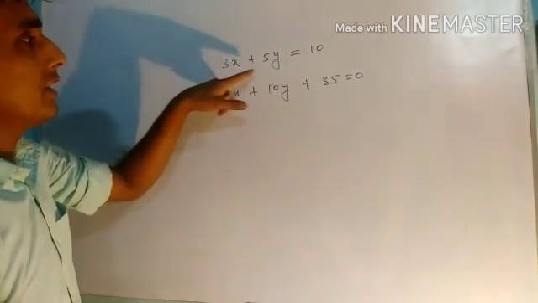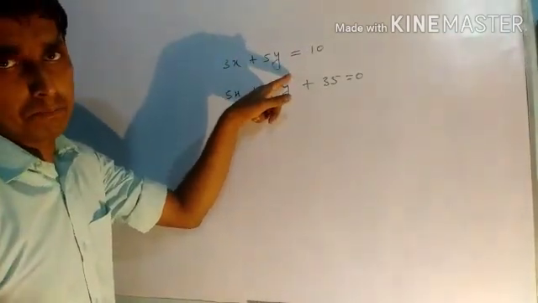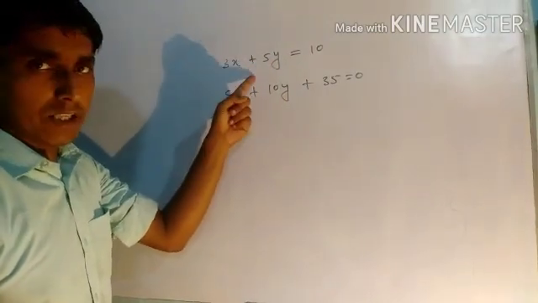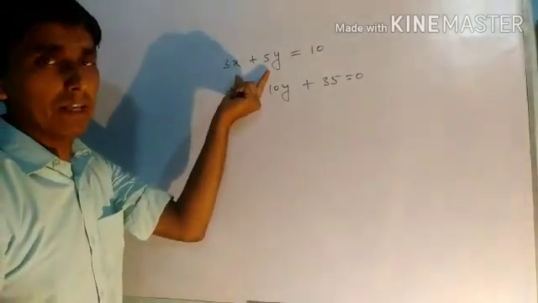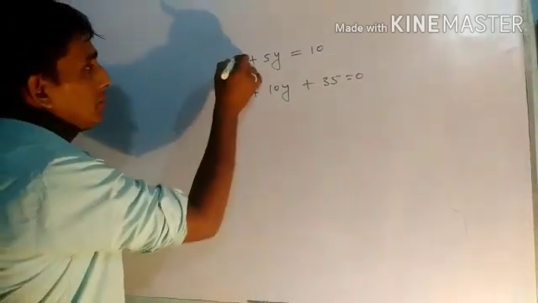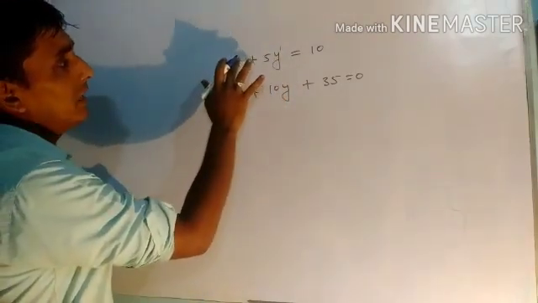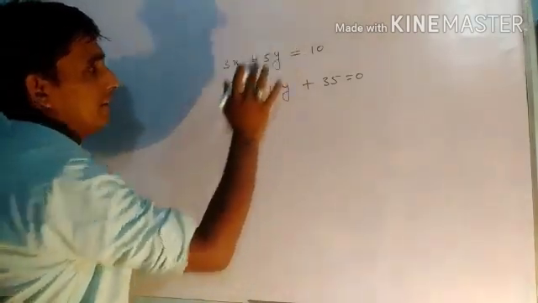And there are two variables used in this equation, one is x and the other is y. So it is an equation having two variables, and it is called a linear equation in two variables. Why? Because the power of the variable is 1. The power of the variable is 1 here, and 1 is not written, it is hidden.